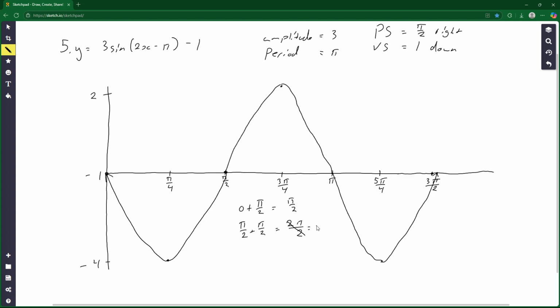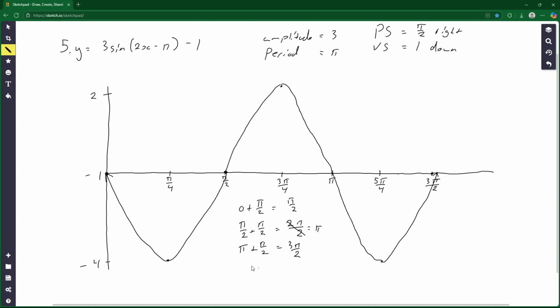The 2's cancel out. You just get pi. And then you take pi, add a pi over 2, and that is equal to 3 pi over 2. And that's really it. These are your intercepts, and then you take whatever is between them.